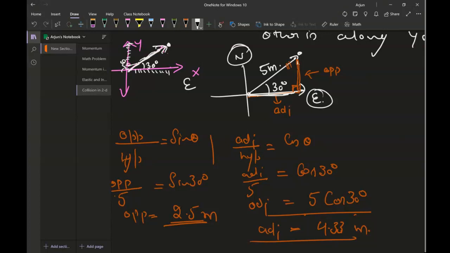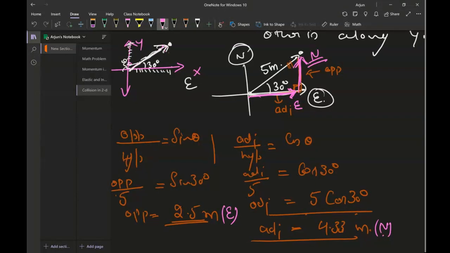This vector here is in the east direction. The vertical vector is in the north direction. Both are positive. This is the displacement in north, and this is the displacement in the east direction. Hopefully now you have an idea of how to convert a 2D vector into two one-dimensional vectors.